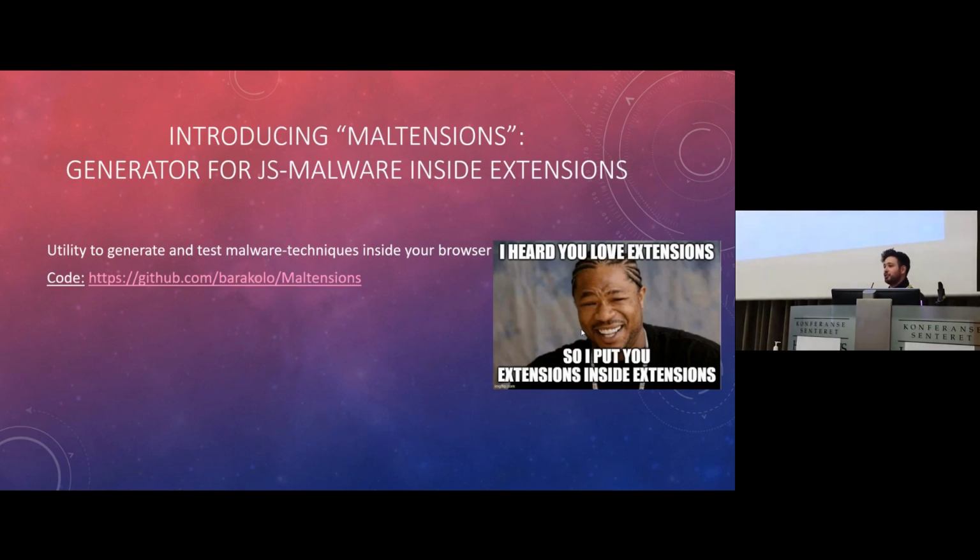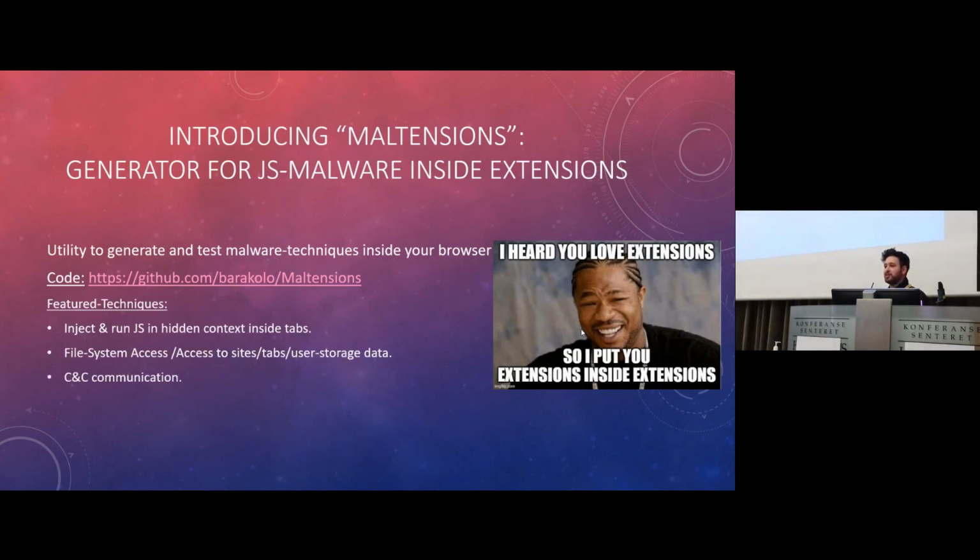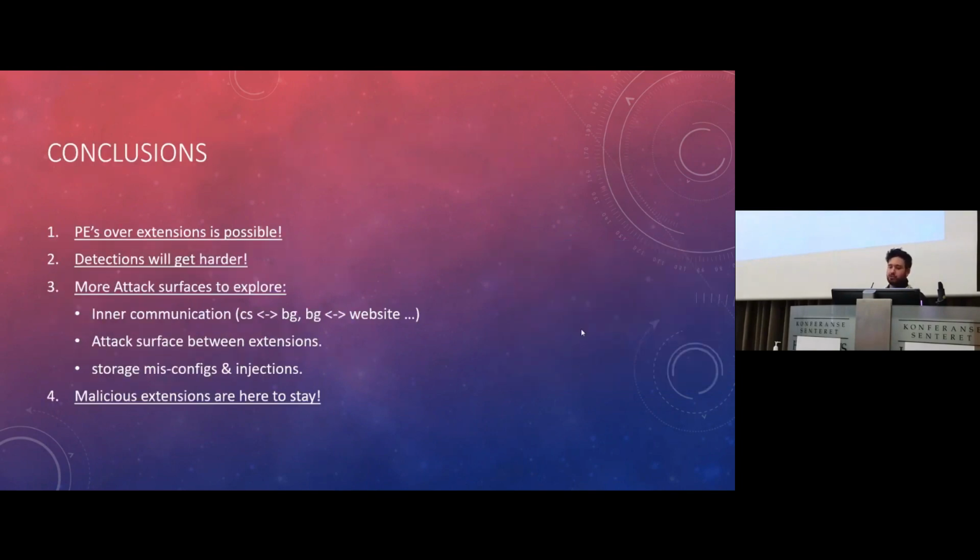It has lots of techniques, so you can freely use this GitHub repo on your own responsibility, of course. The techniques include full file system access demos, a POC to inject and run JavaScript inside a hidden context in the browser, so you won't be recognized inside a special VM context, C&C communication, and much, much more.